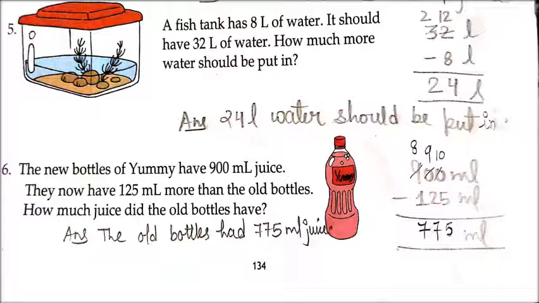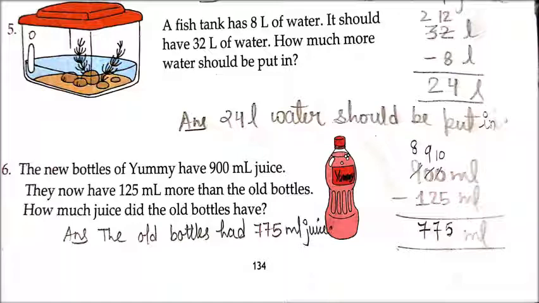So children, for this we have to subtract 125 milliliters from 900 milliliters. So children, we write 900 milliliters minus 125 milliliters. So we start subtracting from the right side. Here children, you will see at one's place only 0 is there.